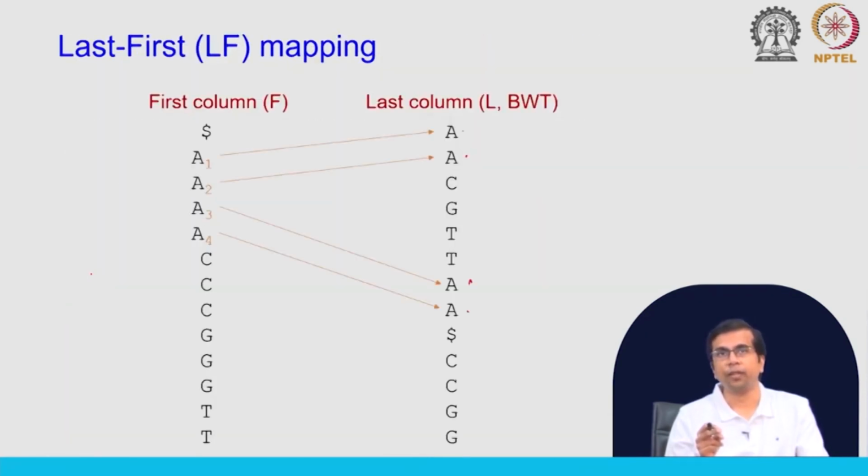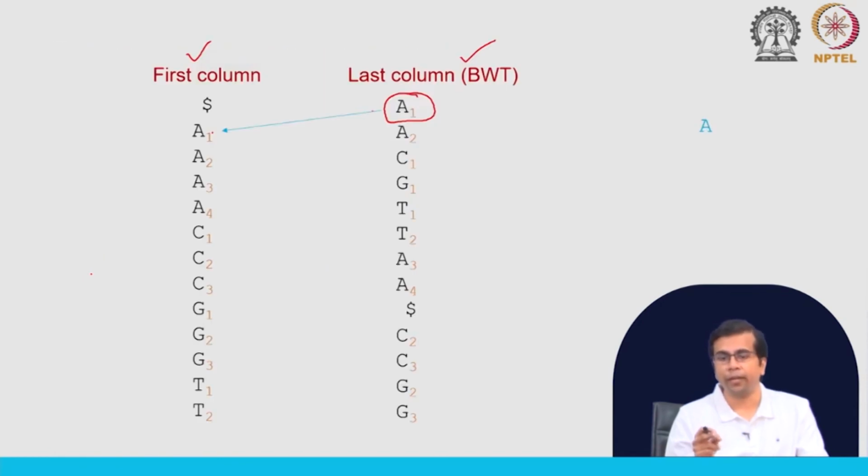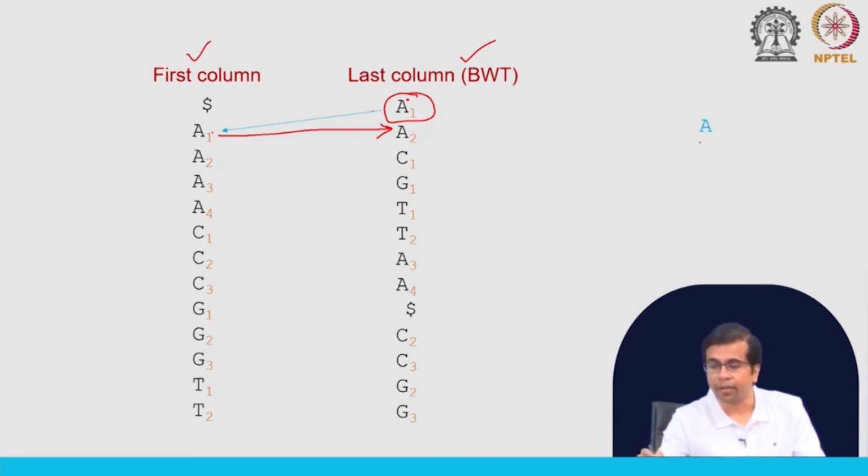So, let us go back there, and here this A1 corresponds to this one. Now, because of the string rotation, this A occurs before this A. So, A1 and A2 occur before A1 in the reference sequence.